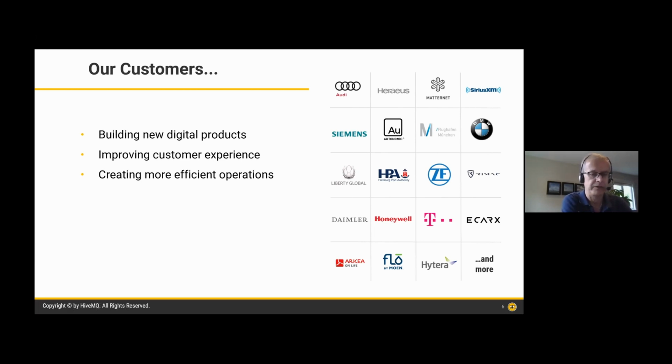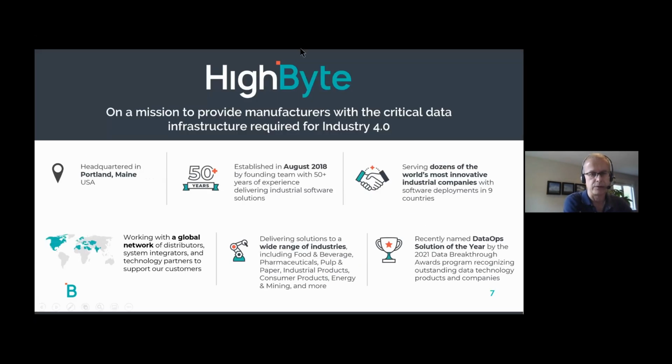And we also have customers in manufacturing and industrial automation creating more efficient operations, such as predictive maintenance, basically how you modernize your factory. This is where we come in for the Unified Namespace, helping provide some of the infrastructure software for that. So I'd like to turn it over now to John to give a quick introduction to HighByte and then go into the Unified Namespace.